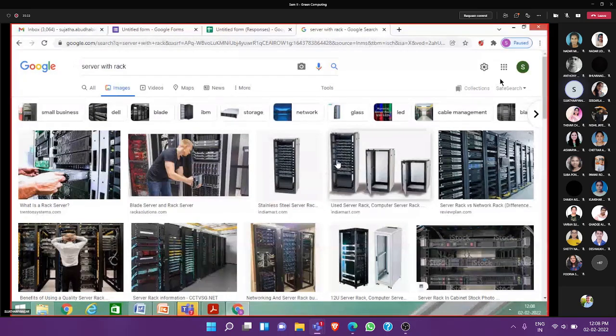This is used for efficient storage. Instead of having 10 servers, you take 10 racks in one server. So it is a partition. All the outside servers, you are bringing into one server. So that is known as rack.